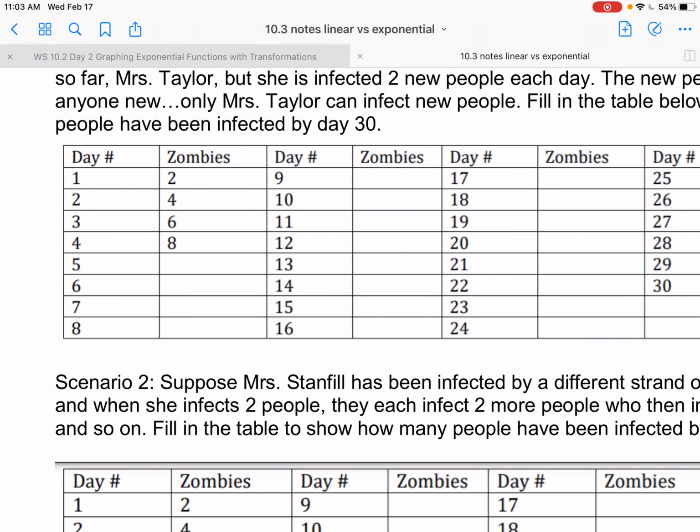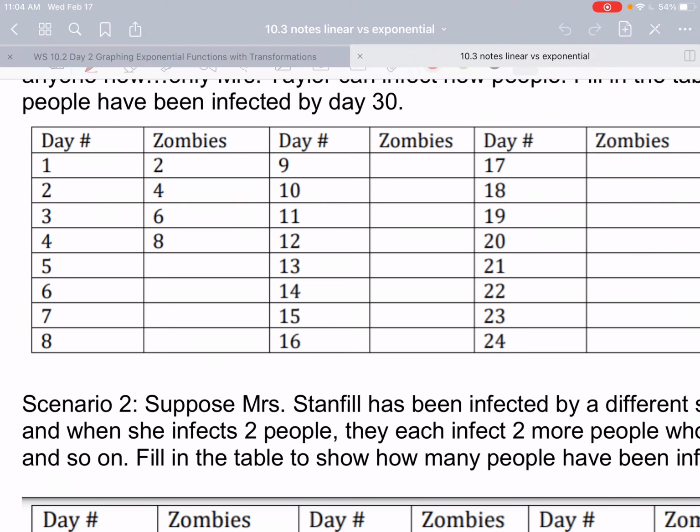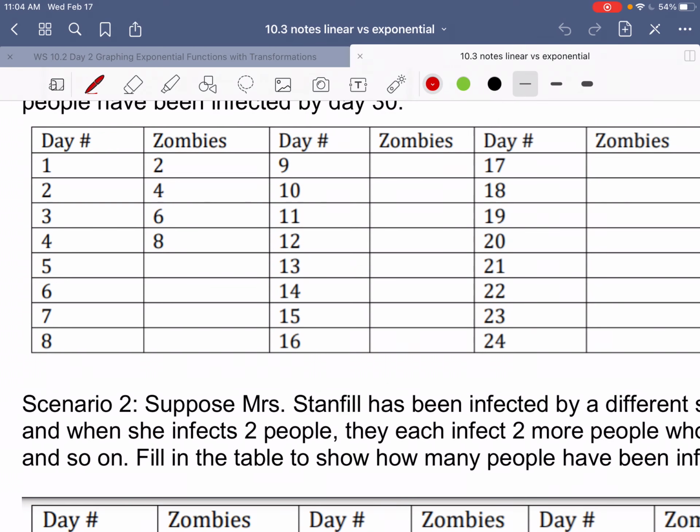So on day 1, she infects 2 people. On day 2, she has 2 more, which makes it 4. Day 3, she infects 2 more. So this is all increasing by 2 because she is the only one that can infect new people.